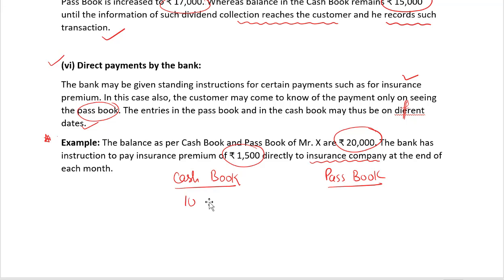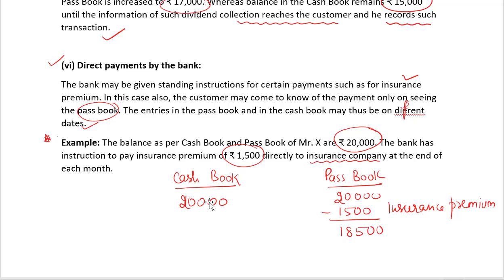As per our books, the balance is 20,000. As per the passbook, the balance is 20,000 minus 1,500, that is 18,500, because there is a payment of insurance premium done directly by the bank. The customer will come to know about it whenever he checks the passbook.